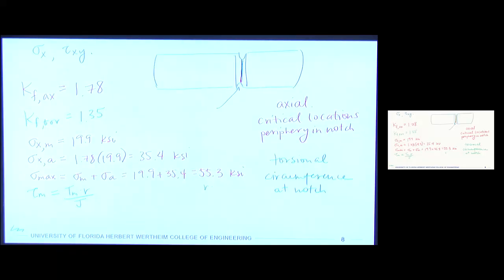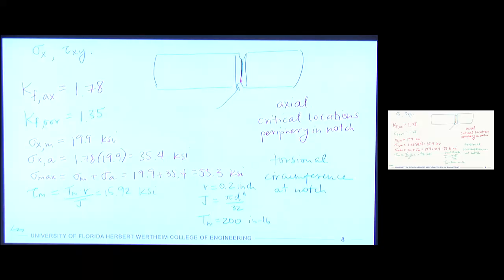So we have R equal 0.2 inches, and J is equal to pi d to the 4th divided by 32. You can plug those things in. Our overall releasing torque magnitude was 400, so now our mean is 200 inch-pounds. That comes out to be a value of 15.92 KSI.